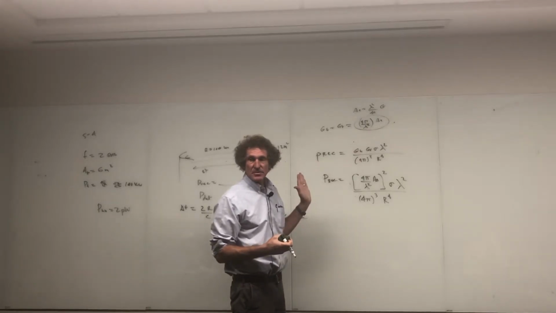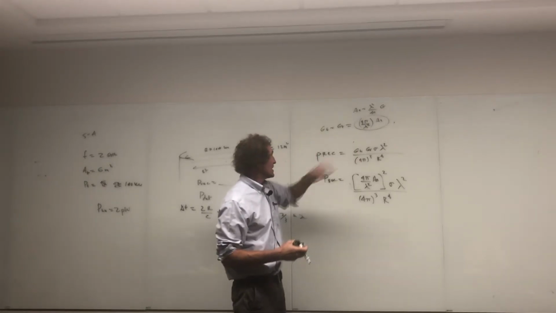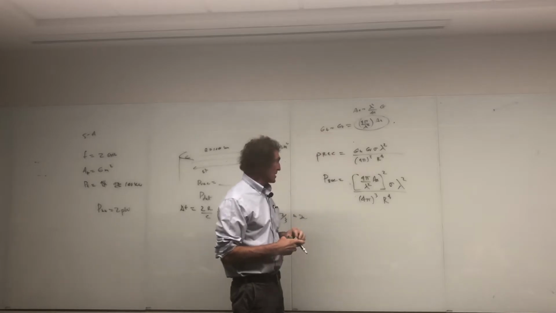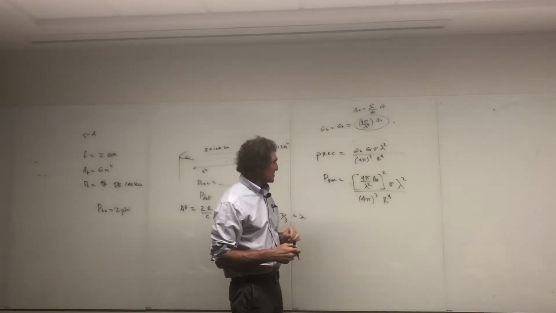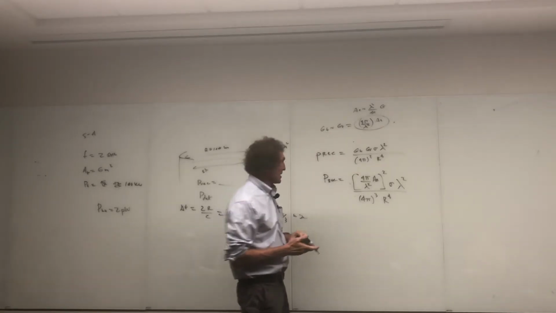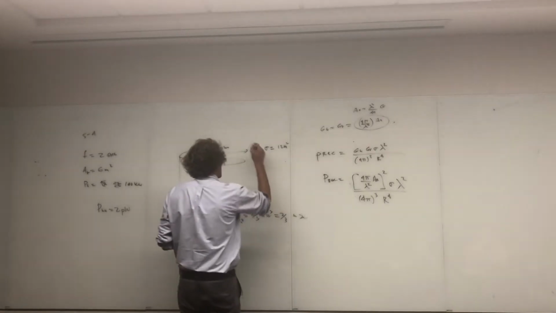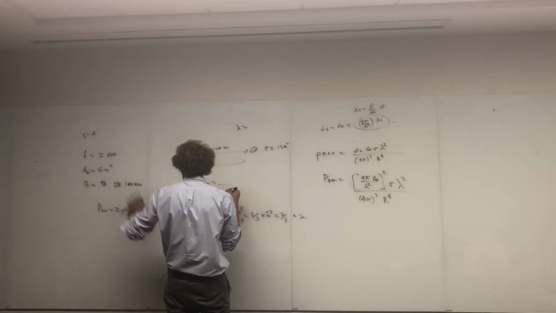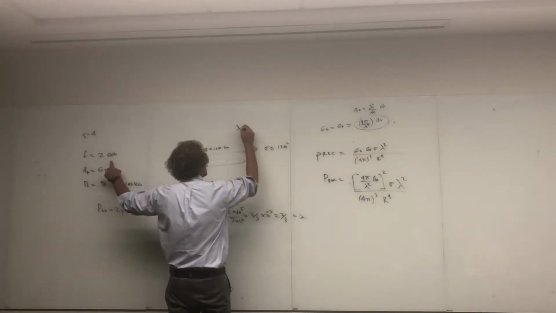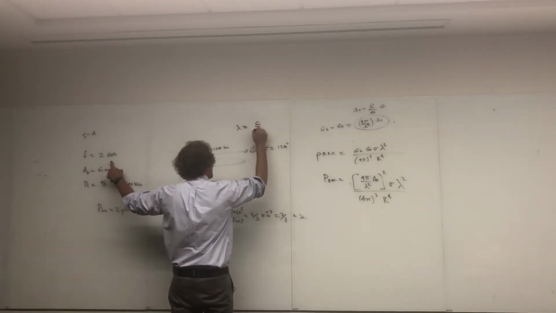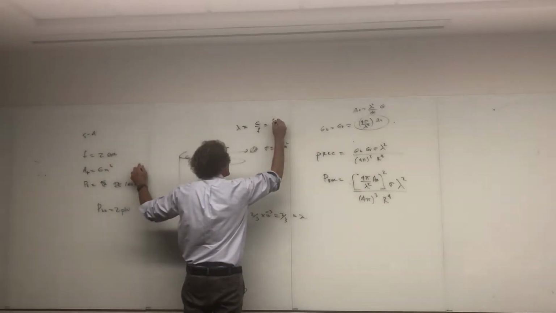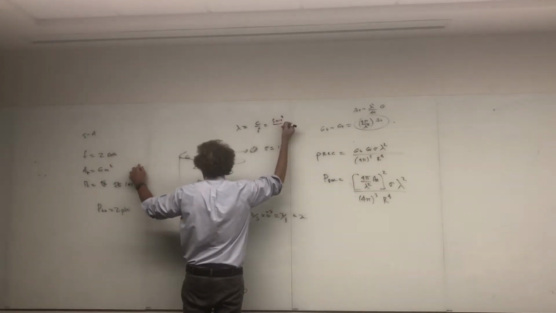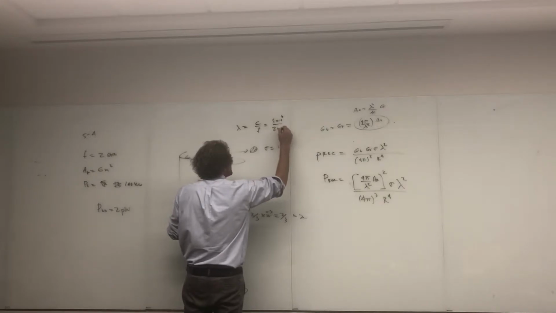You all see what I'm doing here? I'm just taking what it's defined as up here and putting it in there. Now, with that, you can cancel some stuff if you want, but you don't have to. The thing we really need is lambda, and since the frequency is given here as 2 gigahertz, lambda equals c over f, or 3 times 10 to the 8th divided by 2 times 10 to the 9th.